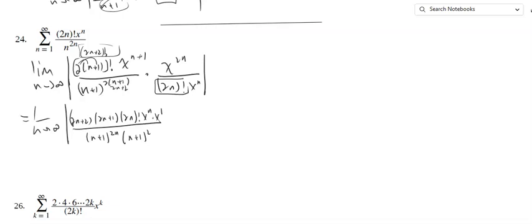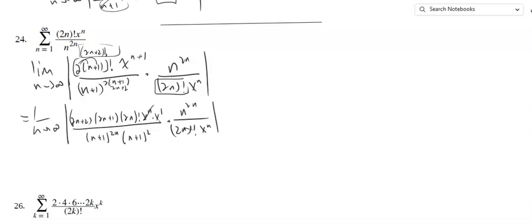Okay, I wrote this one wrong. When I multiply by the reciprocal, if I take the reciprocal of that, that's x to the n, and that is x to the 2n. No, that's n to the 2n. Just not used to writing that so much. Here we go, times 2n factorial x to the n to the 2n.